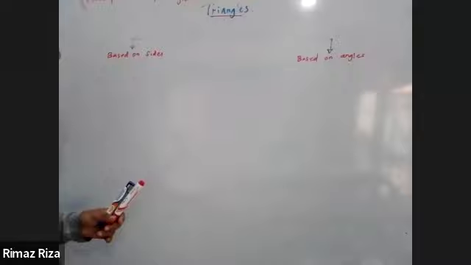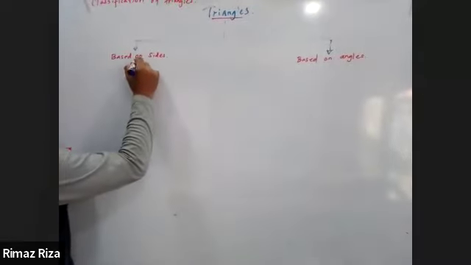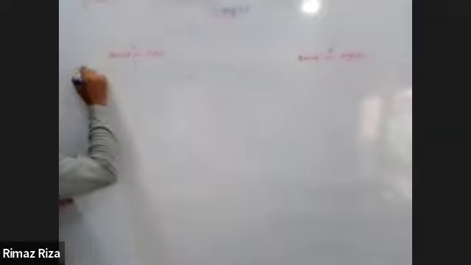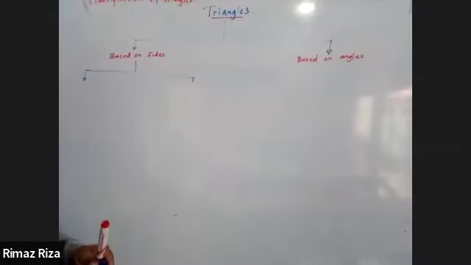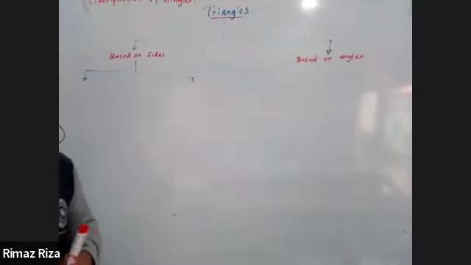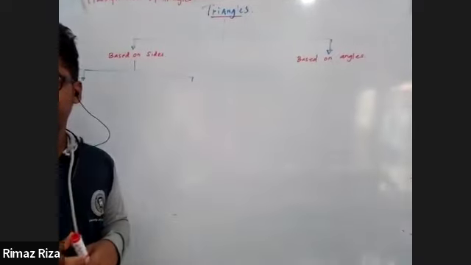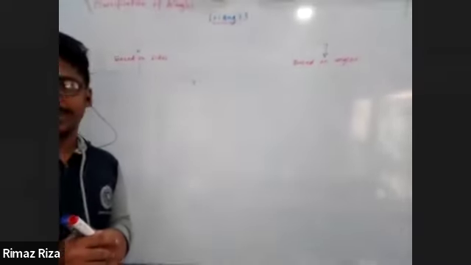So based on sides, we can classify the triangles like this. If all three sides are equal in length, what do we call it? Equilateral.